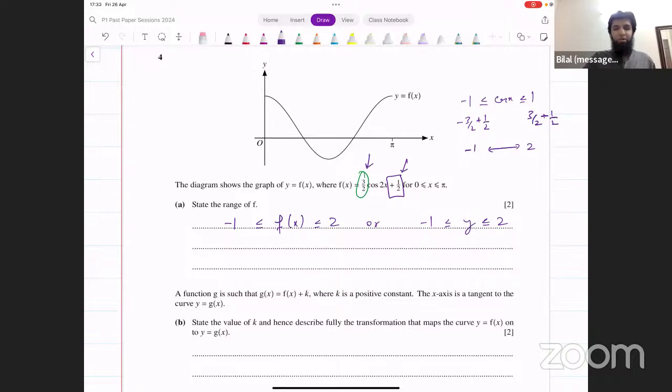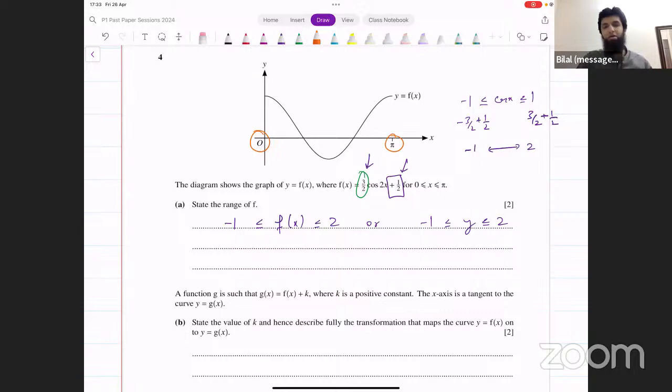Another possibility could be to just use the table function on your calculator. Use the table function on your calculator and make a table for all of these values. And from that, you can see the least value of y in the table, so take values at fairly small steps. So this is from 0 to pi. You can use a step of pi over 8, for instance.